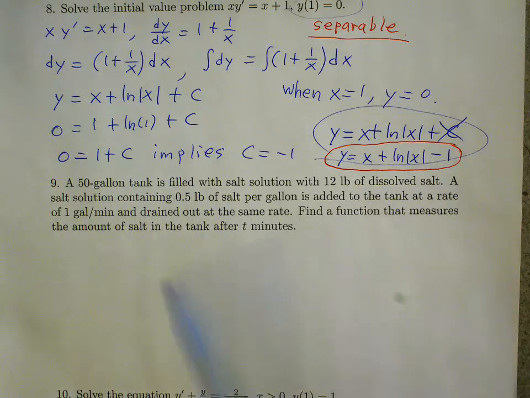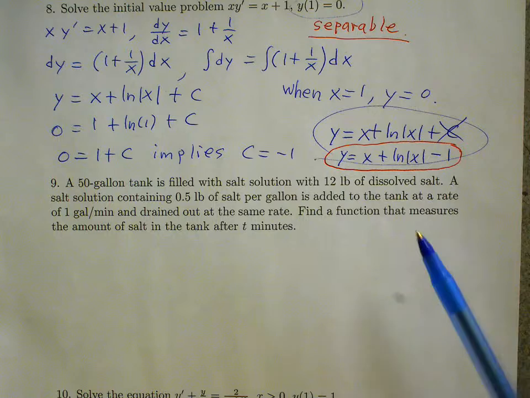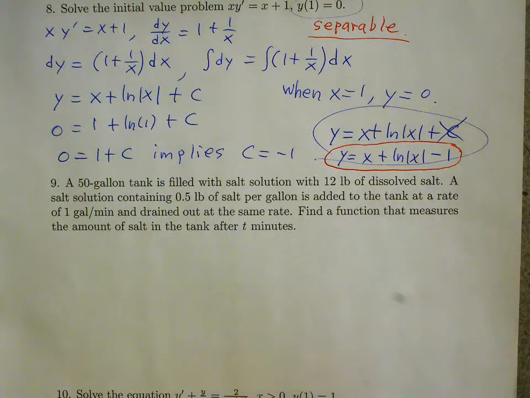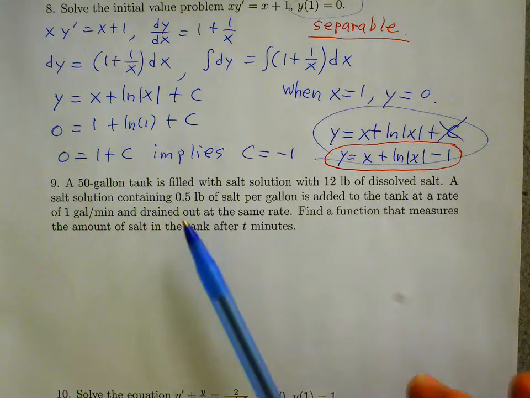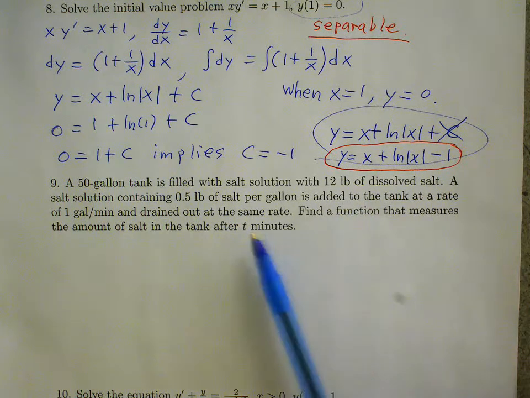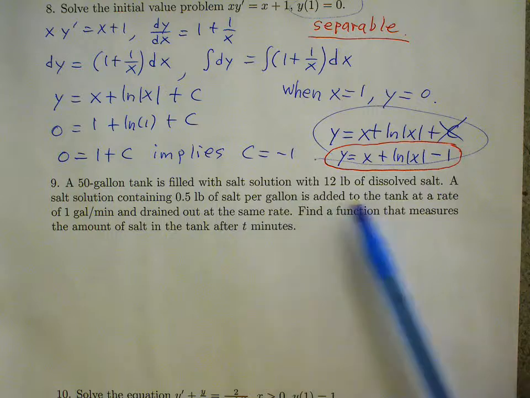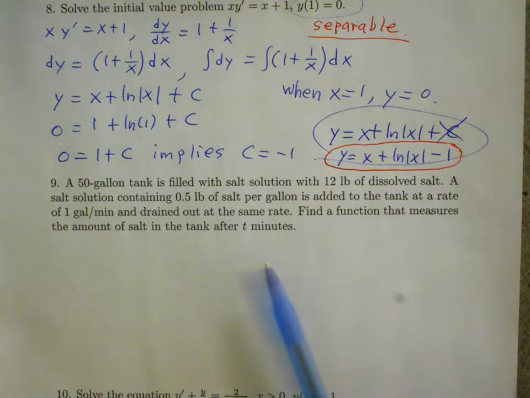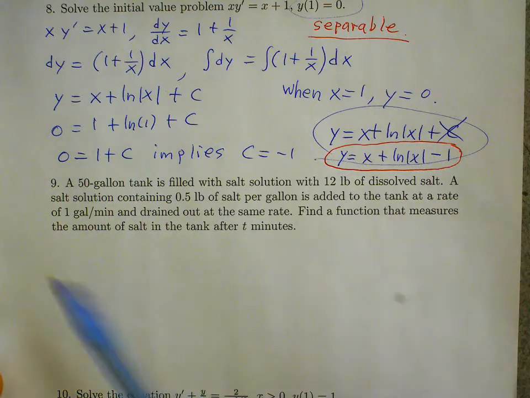So an assumption that I didn't write in there is that it's assumed that the solution in the tank is thoroughly mixed, so that everything in the tank has an equal percentage of salt. Okay, then find a function that measures the amount of salt in the tank after t minutes.